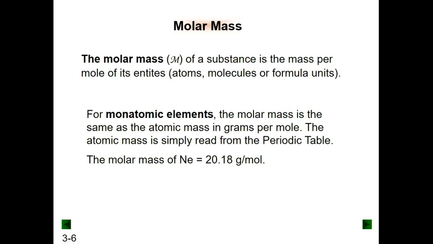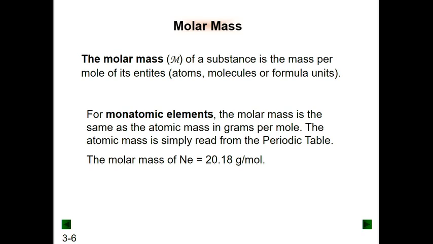The atomic mass is simply read from the periodic table. Remember that till now we considered everything in AMU, which are units for molecules or atoms, but we can extrapolate that to grams. So for example, the atomic mass of hydrogen is 1.008 AMU or 1.008 grams per mole. When we refer to grams, it's grams per mole.